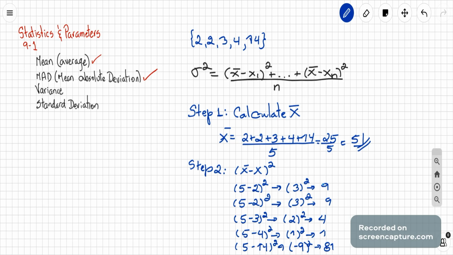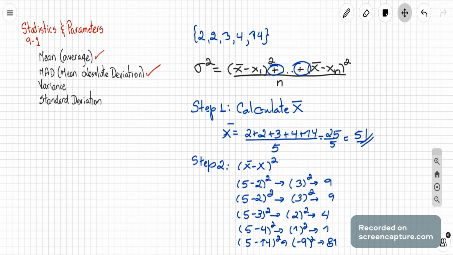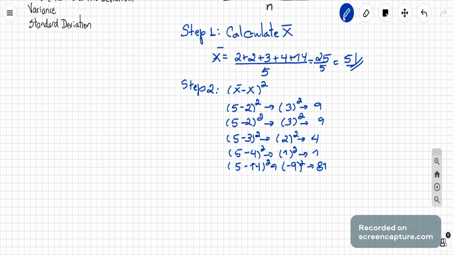So we already have this part of our formula. We have all of these. As you see these addition signs here, we have to add them all and then divide by n. So that is going to be our step number 3.